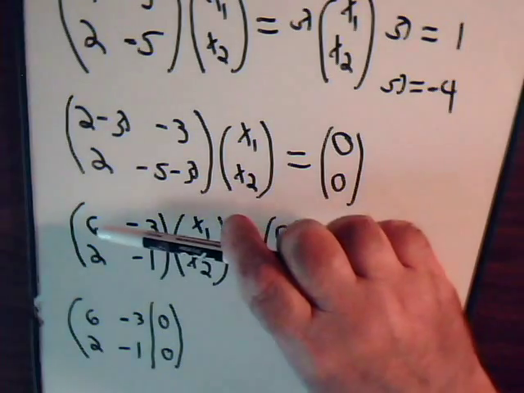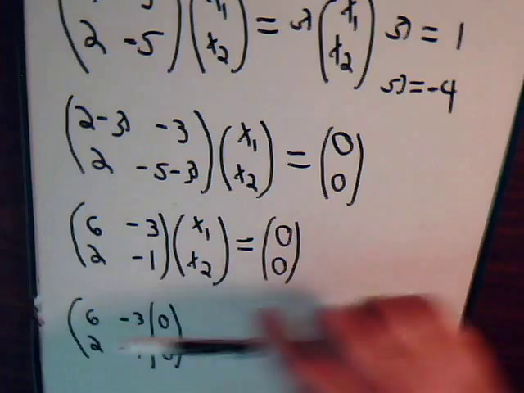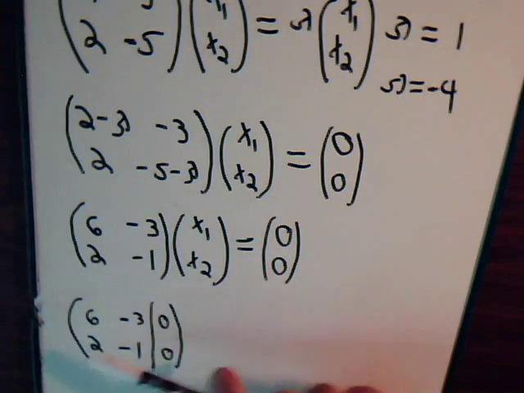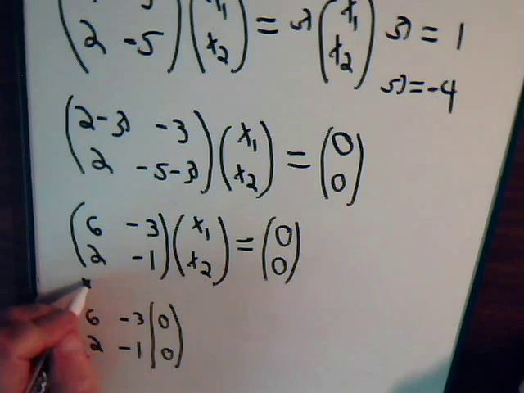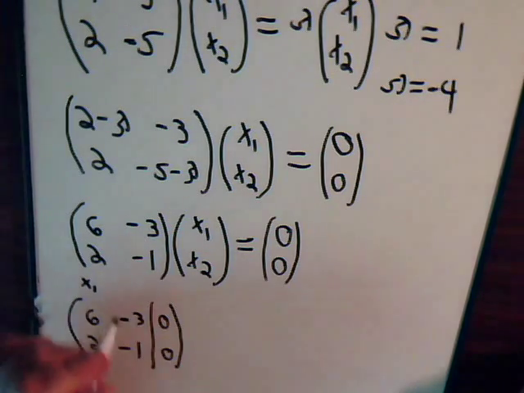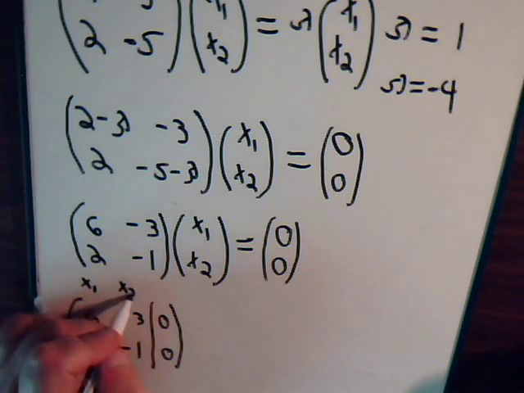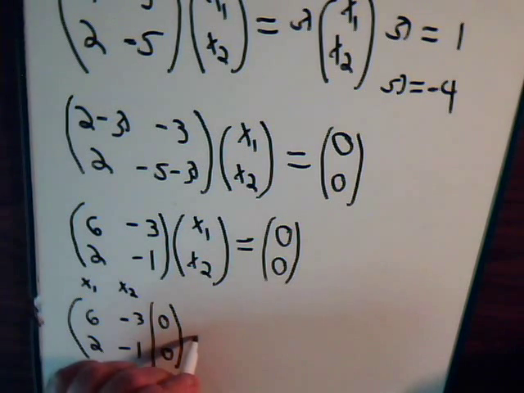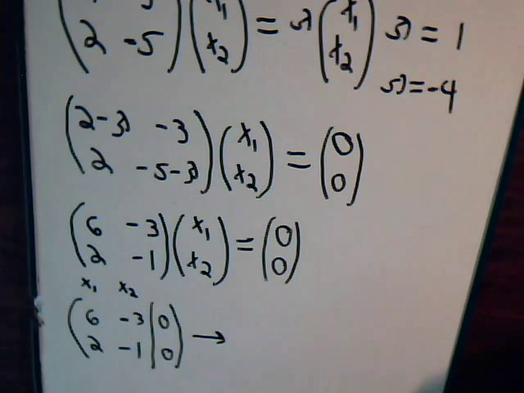We'd have 6 times x1 minus 3 times x2 plus 2 times x1 minus 1 times x2 equals 0. So these just correspond to those coefficients of x1, and these correspond to those coefficients of x2. And again, this is pretty trivial, but let's just go ahead and get this in row echelon form.